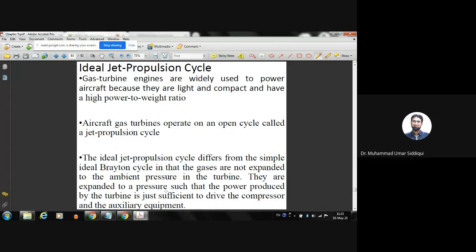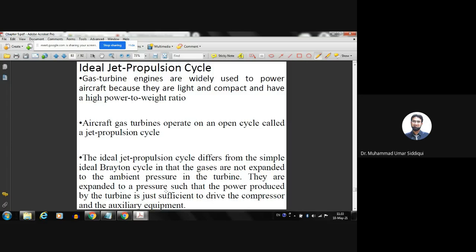But since the Brayton cycle has the compressor, the turbine and the combustion chamber, and it's primarily meant to produce the electrical work output, and here we don't need the electrical work output, we need to modify it a little by introducing some components that we studied before in chapter number 5 as well.